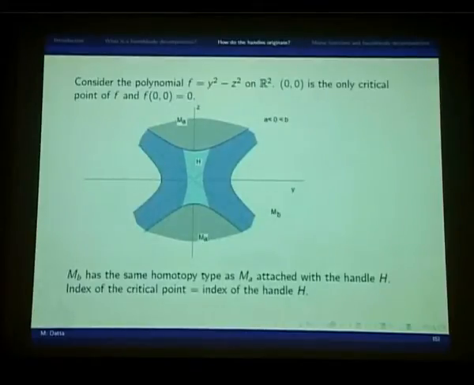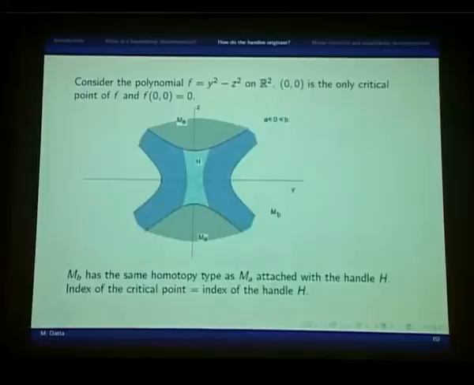So we consider a very simple polynomial f on R2, which is y square minus z square. As we have already observed, 0, 0 is the only critical point and the critical value is 0. So I choose a real number A which is strictly less than 0 and look at the corresponding level sets. We are all familiar with this kind of picture.